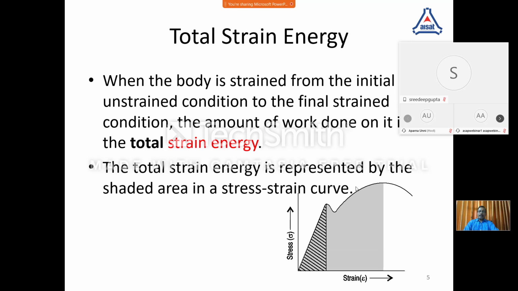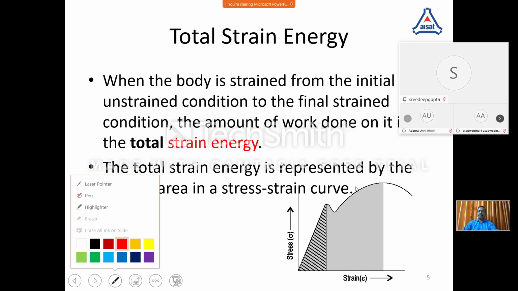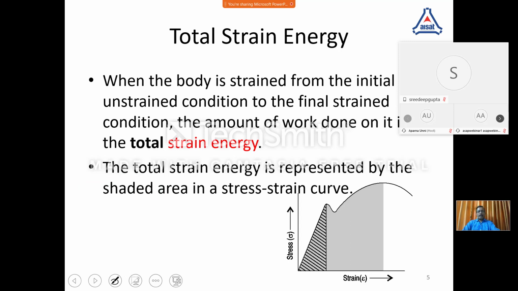You can see the stress strain curve where strain and stress are given along the two axes. Up to this point we call it elastic deformation, and beyond this point the deformation goes in a different pattern. This deformation is permanent and it is called plastic deformation.